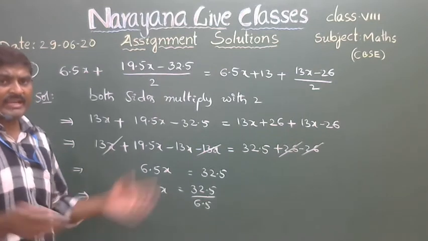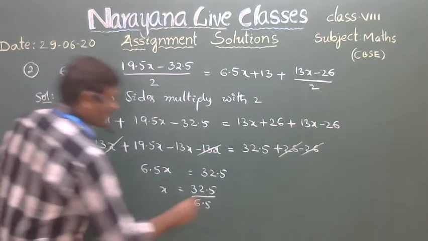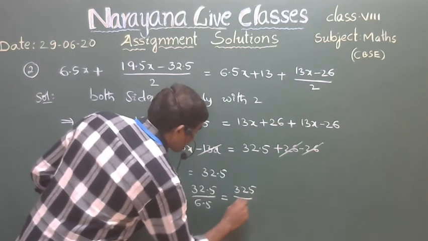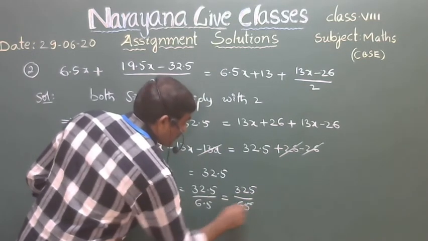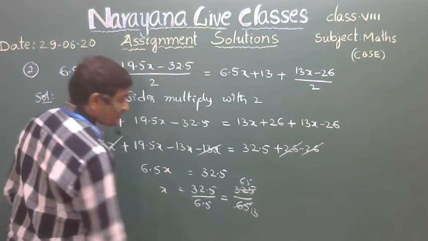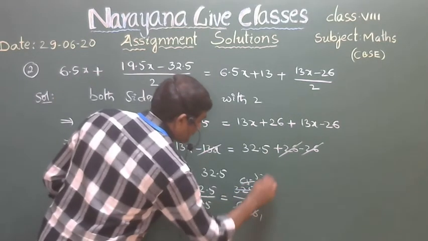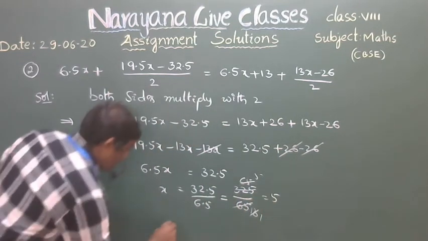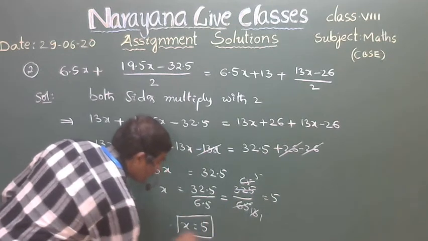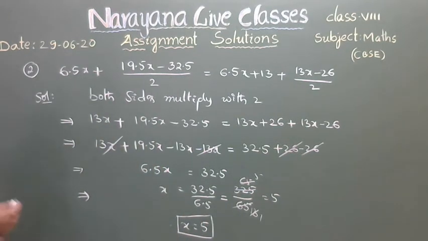So directly we can eliminate the decimals. So we can write 325 by 65. Now 5 13s are 65, so 13 5s is 5. Therefore, x is equal to 5 is our solution.